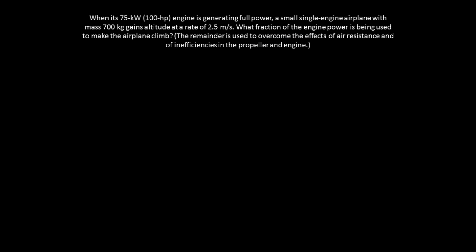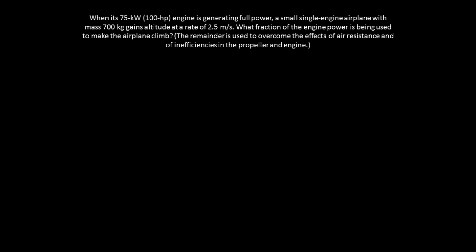Okay, now we're going to solve this last problem for our video concerning power. Feel free to pause the video if you want to solve it. When its 75 kilowatt engine is generating full power, a small single engine airplane with mass 700 kilograms gains altitude at a rate of 2.5 meters per second.